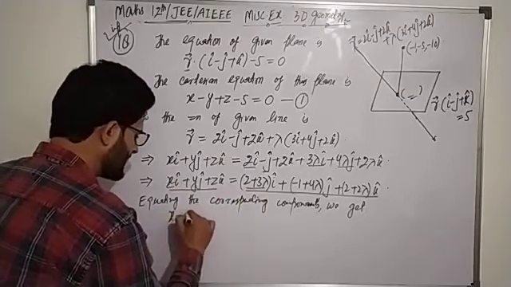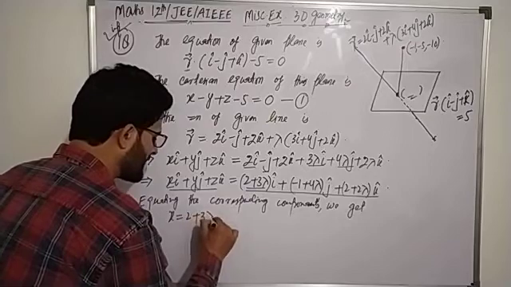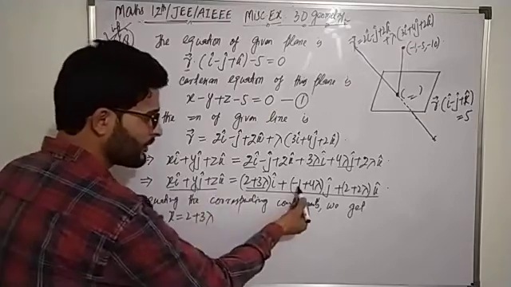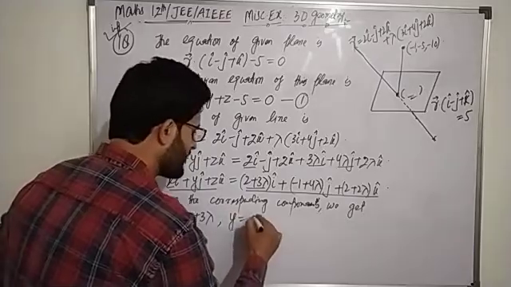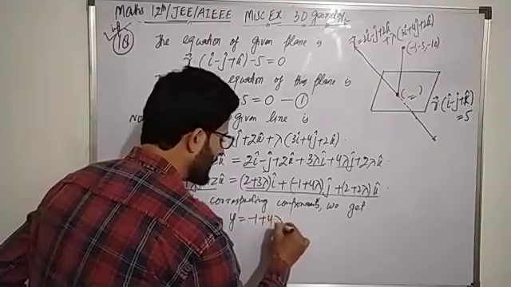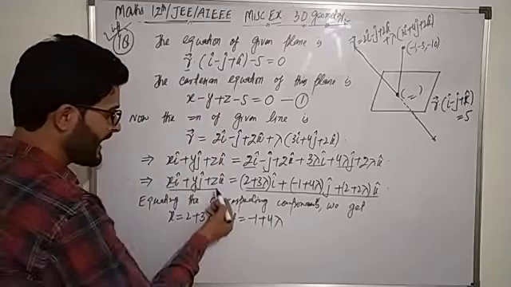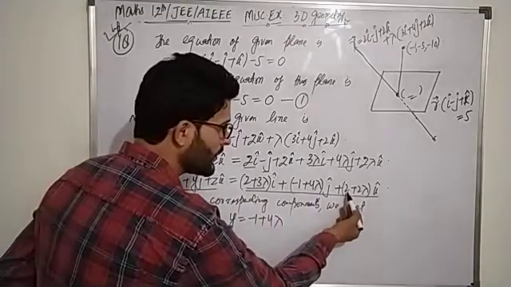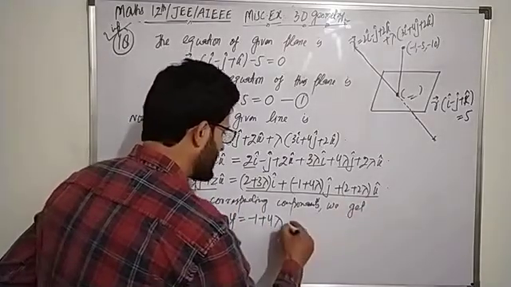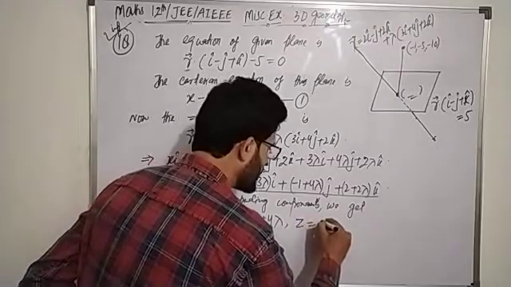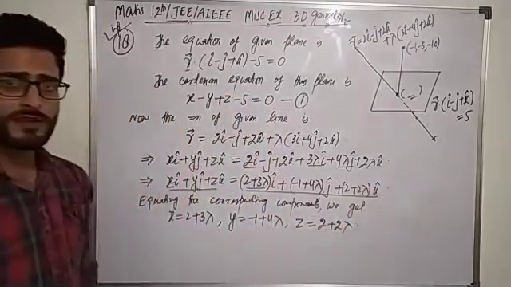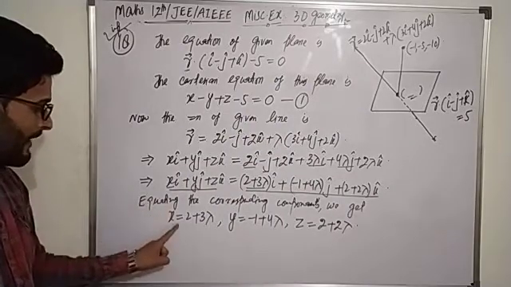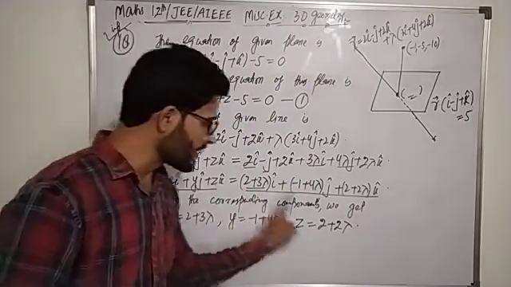So x is equal to 2 plus 3 lambda. Y must be equal to -1 plus 4 lambda. Is that clear? And z must be equal to 2 plus 2 lambda. So we have got the value of x, y and z.